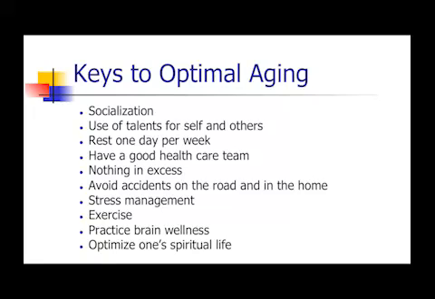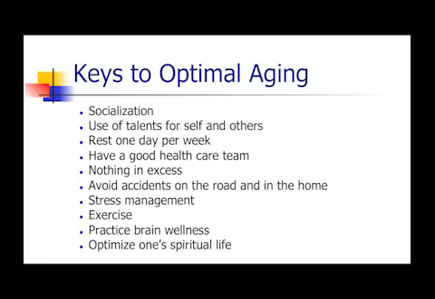Exercise. Physical exercise may be the fountain of youth, and we're learning more and more about the remarkable cascade of healthy events that occur in the brain with regular exercise. Some aerobics, resistance training, stretching, some skill acquisition are all important aspects of a well-rounded exercise program. Practice brain wellness. We're going to go over those keys here momentarily, but it is important to try to tap into the inherent neuroplasticity that is present even in the demented brain.